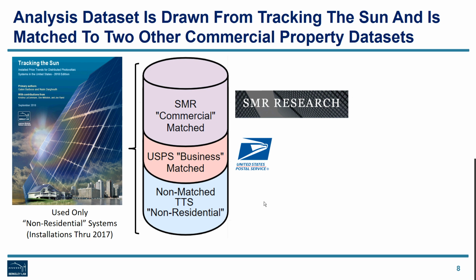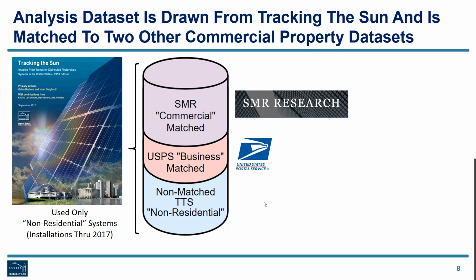So we secondly matched those same addresses with the United States Postal Service through Melissa data. This returned to us an indication whether that address was either a business or a residential address. So where it was a business address, but it still didn't match to SMR, we wanted to include it. And we did. We used a process to manually infill those data to match up with those data provided by SMR Research.